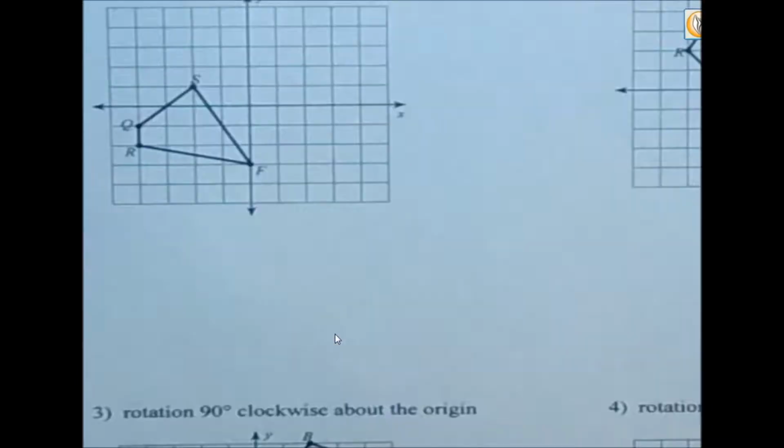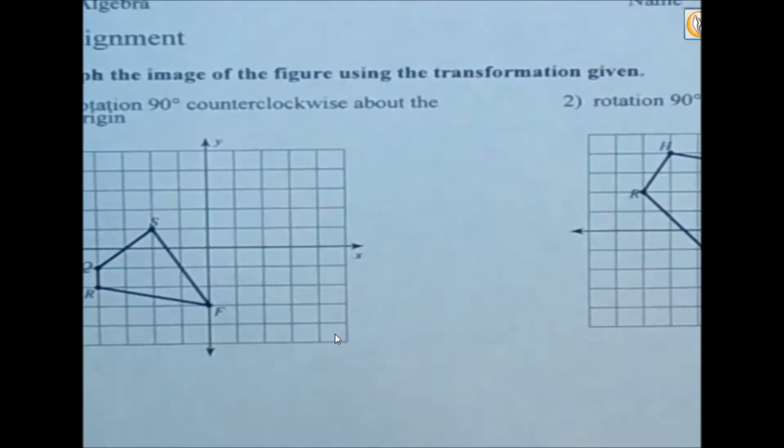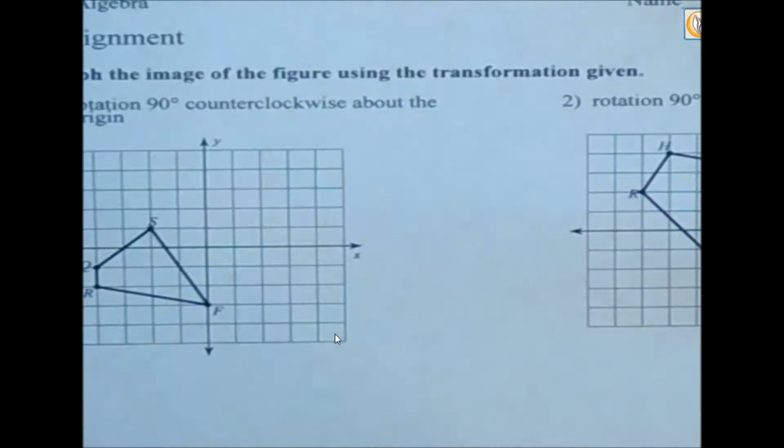So now, let's look at our first rotation together. For this problem, we are going to perform a rotation that is 90 degrees counterclockwise about the origin. Now, when it says about the origin, that means that that's the center of your rotation.